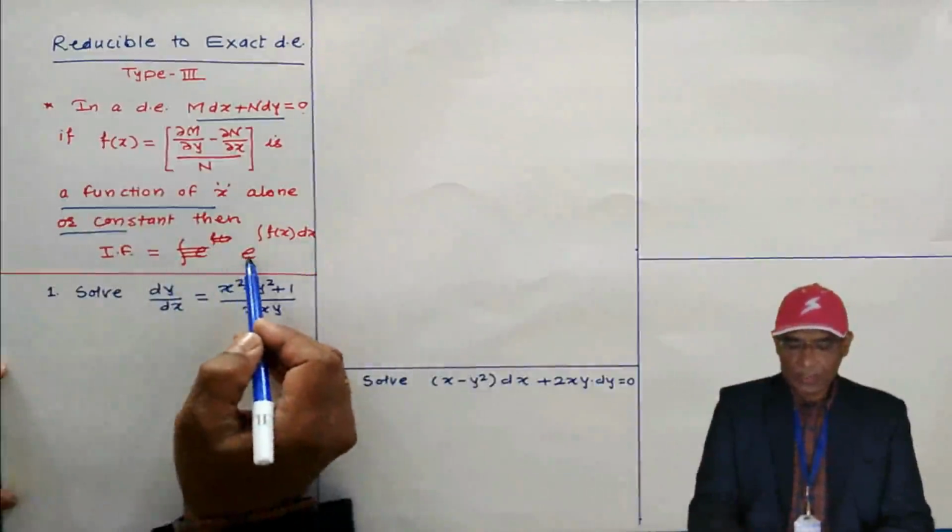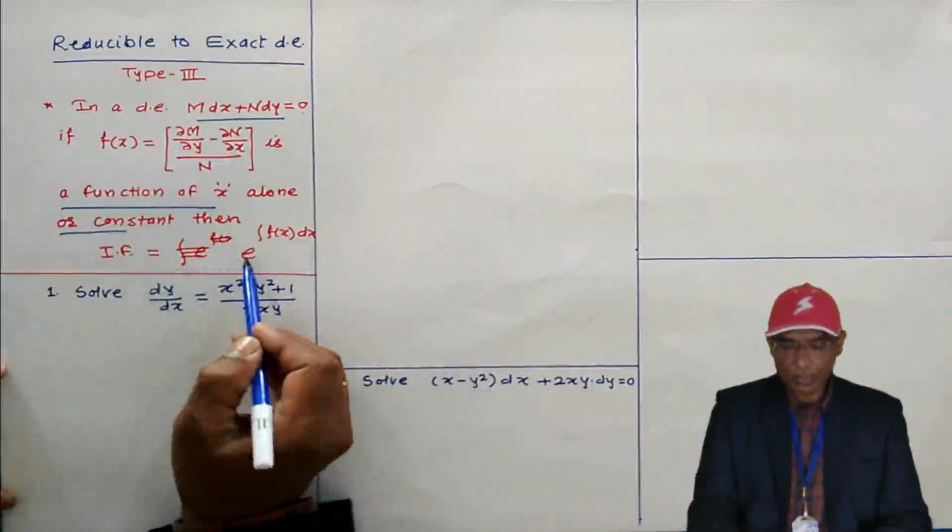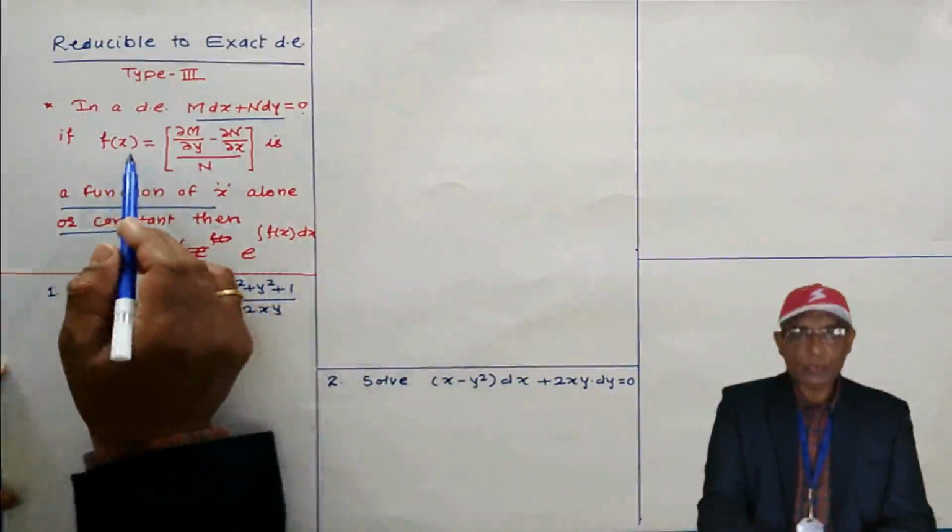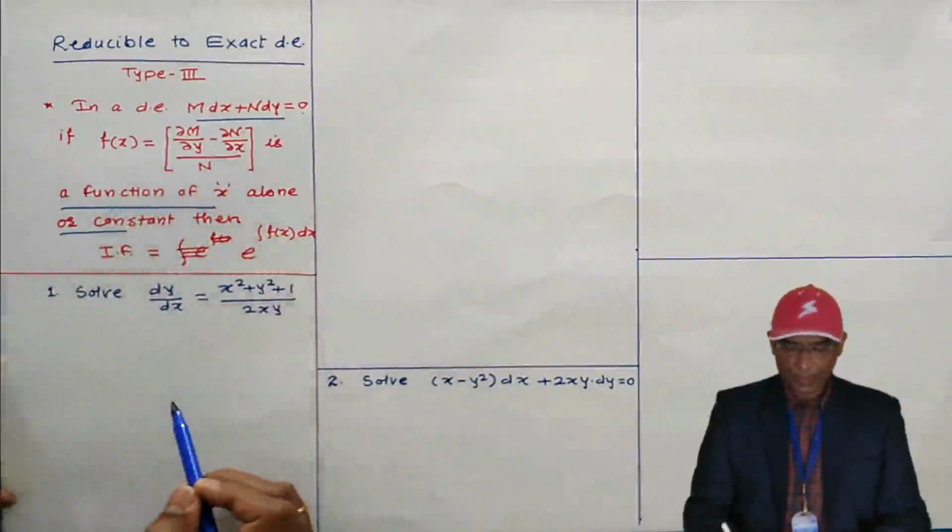So the condition for using this formula is that f(x) must be a function of x alone or a constant.